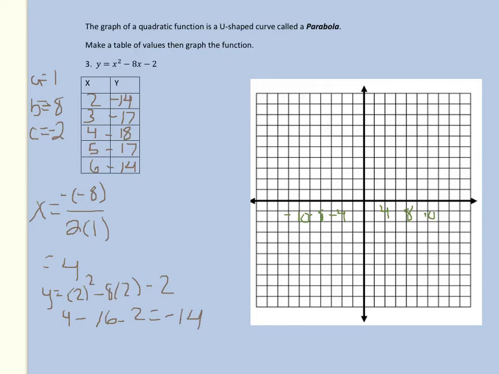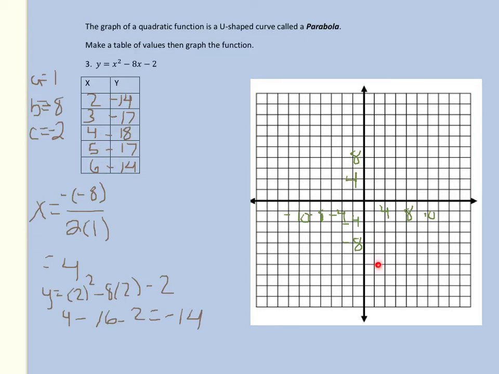So you should put them over here. So 2, 4, 6, 8, and then down below -4, -8. So we rescale it so that we can fit everything. So I go to 2, -14. So I go 2 over, and then down -2, -4, -6, -8, -12, -14.